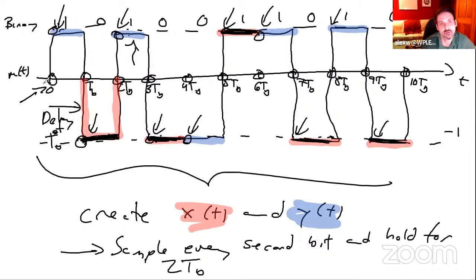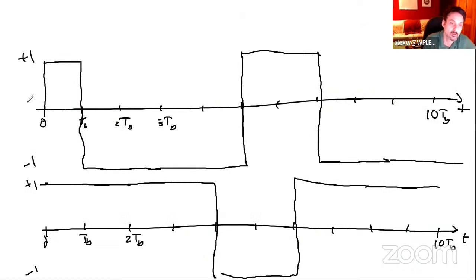The way I would express this, like these guys here, because I've got to do it properly.